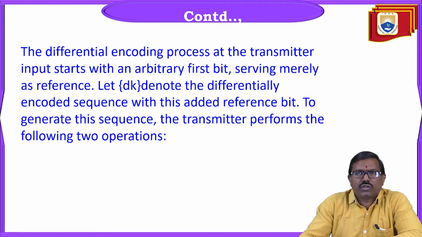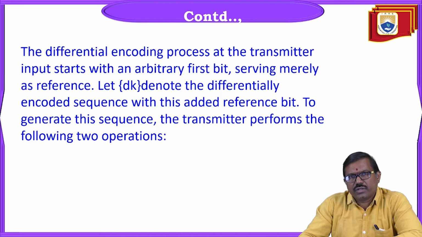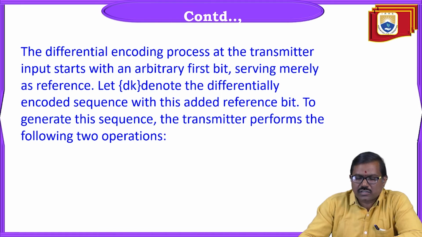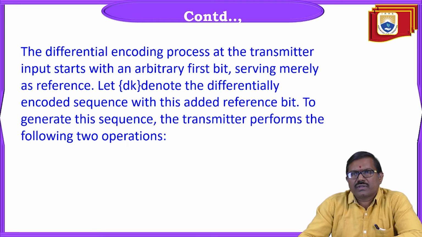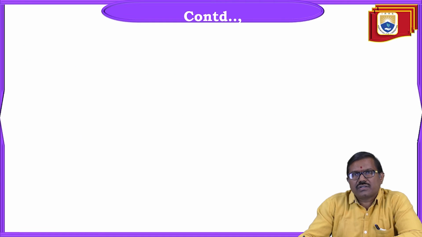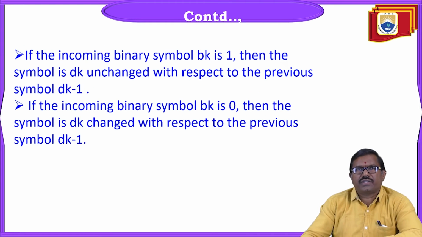The differential encoding process at the transmitter input starts with an arbitrary first bit, serving merely as a reference. Let dk denote the differentially encoded sequence with this added reference bit. To generate this sequence, the transmitter performs the following two operations.